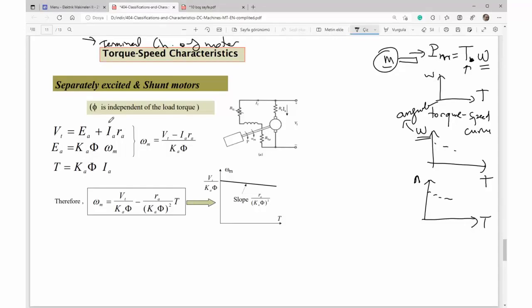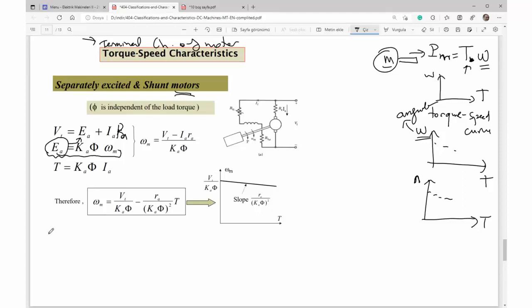Okay, gentlemen, let me talk on shunt motor, for example. It makes no change. Terminal voltage is equal to EMF plus current times RA. And then, you know, EMF is equal to something like this. And let's substitute EMF here.